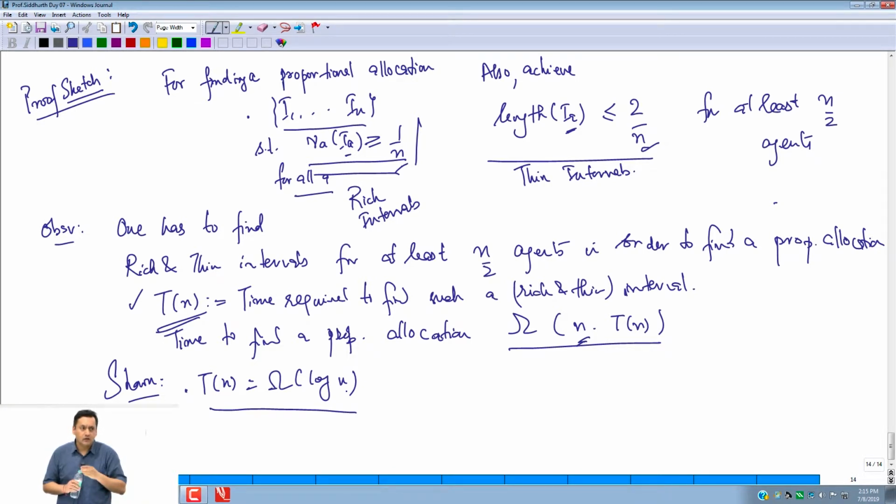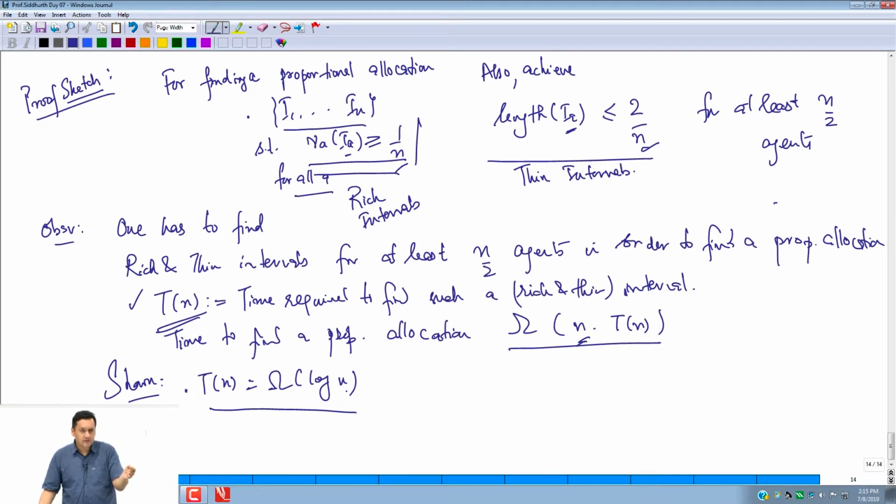So here's a good question, the answer to which is an open question to me. Say I give you an algorithm that finds thin rich intervals for agents. This is an exercise whose answer even I'm not completely sure of. You have an algorithm given to you as a subroutine.